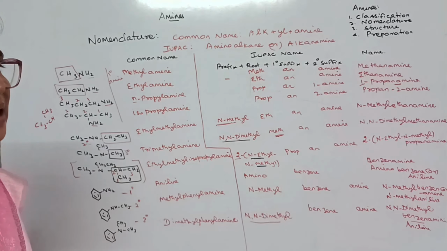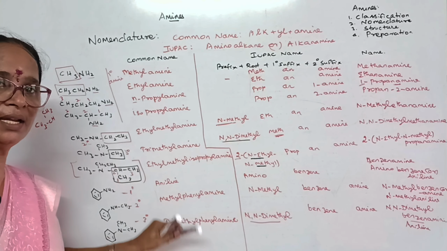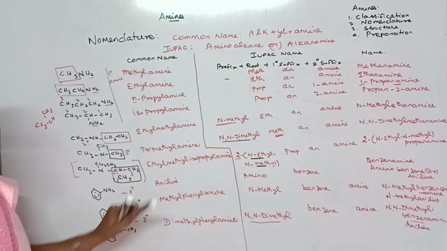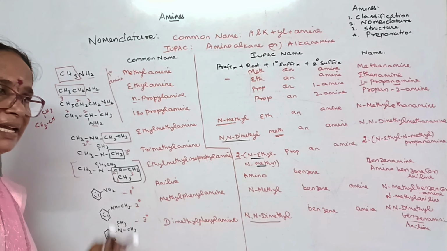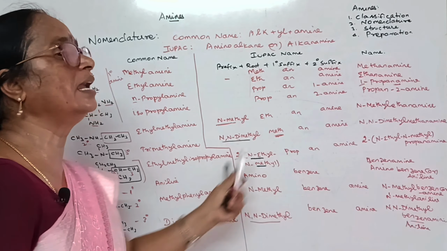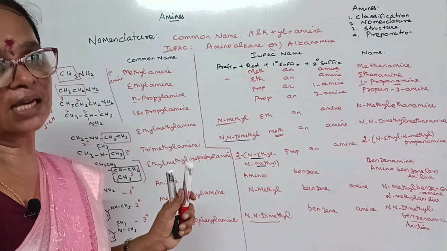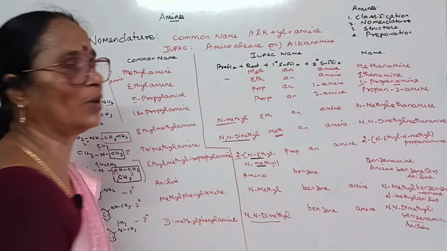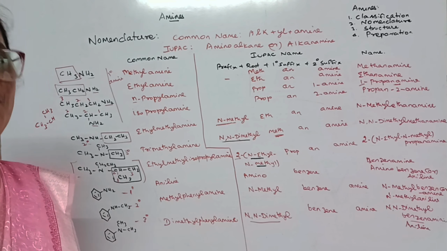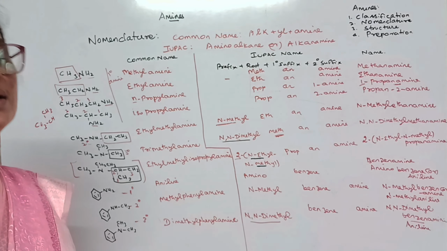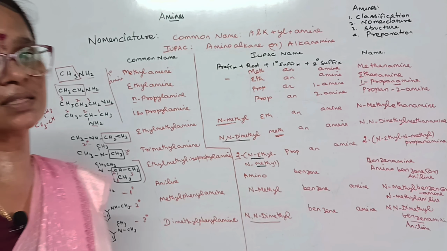But in this case, the functional group is amine, and the primary, secondary, tertiary classifications occur, and hence the name also differs, like N-alkyl alkane amine we are saying. So to make the class of N-alkyl substituent, they ask frequently from amines. That's all the nomenclature of amines.